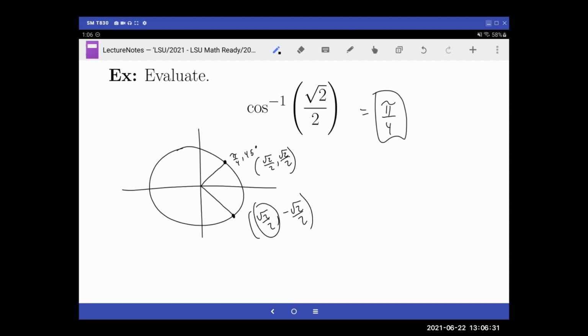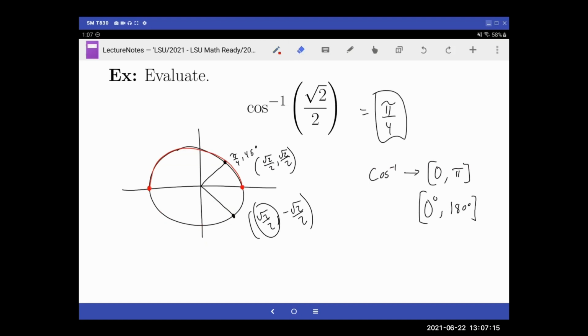So what's important to realize when you're dealing with these inverse trig functions, if they do not specify what quadrant or what interval you should be looking at, for cosine you want to consider the interval from 0 to pi, or 0 degrees to 180 degrees. In other words, this region here, from here to there, you can cover all your x values in there, and we're going to just ignore the bottom half of the graph. So that's something to remember for cosine.